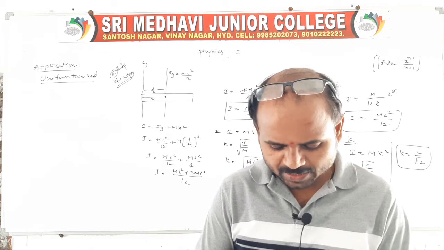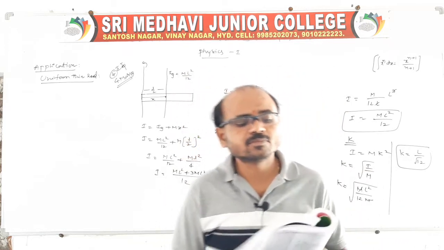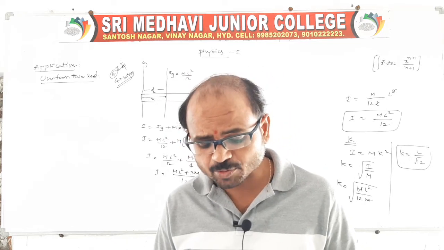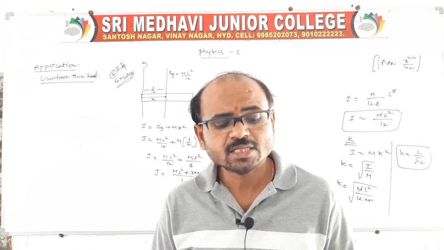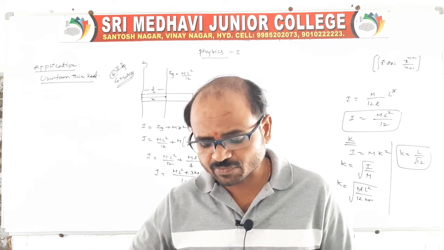Look at page number 161. State and prove the parallel axis theorem. One question. In the previous class we already finished. And as well as state and prove the perpendicular axis theorem, which we already proved in the previous class. See, on this parallel axis theorem, there is a moment of inertia related question. One question is given.